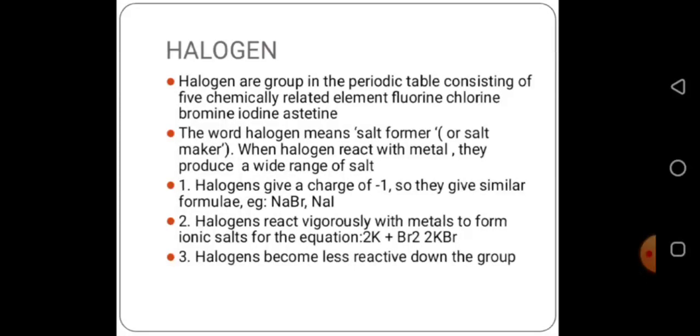This means fluorine reacts better than chlorine, chlorine reacts better than bromine, bromine reacts better than iodine, iodine reacts better than astatine. So going down the group, they become less reactive.